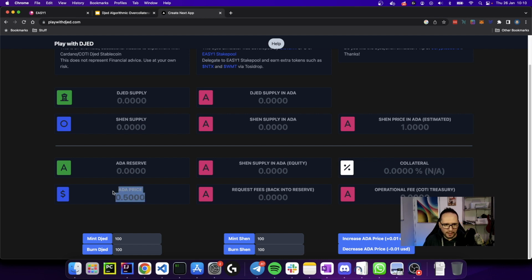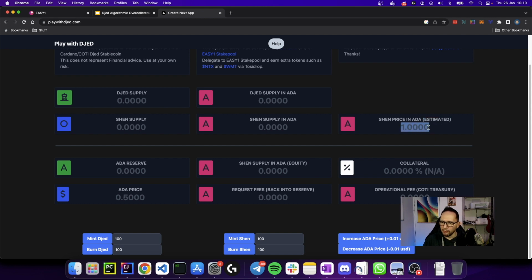The most important thing is the ADA price. We start from a very round 50 cents because this is going to make it a little bit easier to see how things evolve, and obviously, as per definition by the COTI network, we will start with the Shen price in ADA being exactly 1 ADA. Then as soon as we start playing with this simulator, the value of Shen in ADA is just going to be estimated.